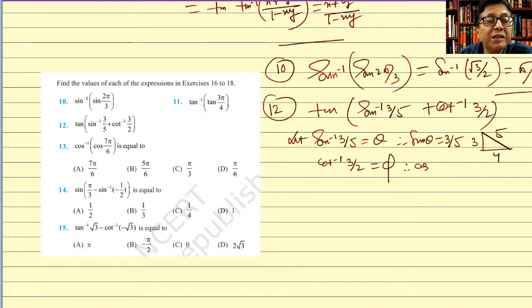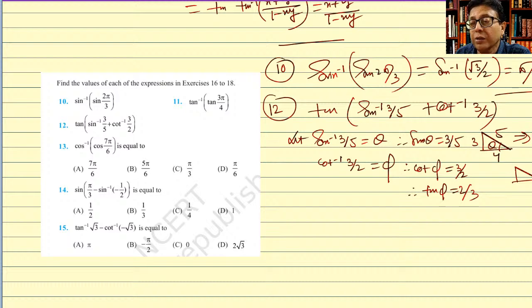So cot phi is 3 by 2. In a triangle, if cot phi is 3 by 2, then tan phi is 2 by 3, and here sin theta is known, so tan theta will be 3 by 4.